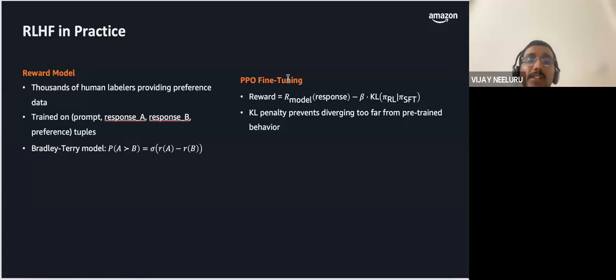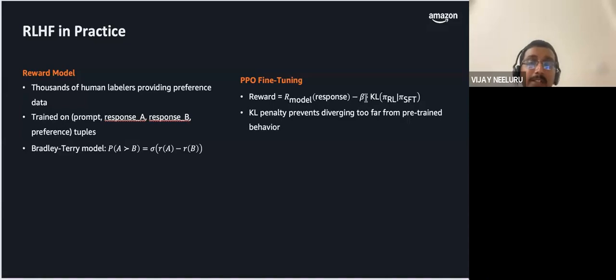The next one is PPO fine-tuning. Once you have the learned reward model, it scores the generated responses, defined as R of the response given the prompt. Then we add a hyperparameter controlling the strength of the KL penalty.